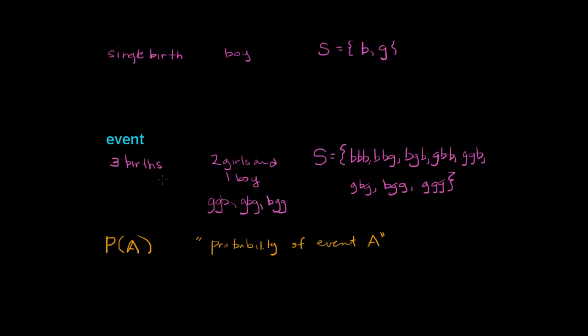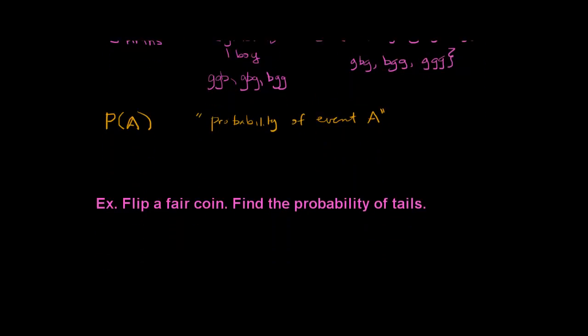Okay, so let's look at an example. Flip a fair coin and find the probability of tails. So let's think about the sample space. We're just going to flip this fair coin once. So of course our sample space has two possible simple events. You either get heads or you get tails.